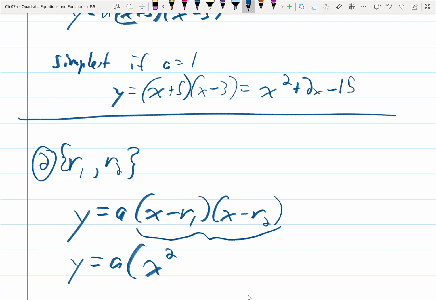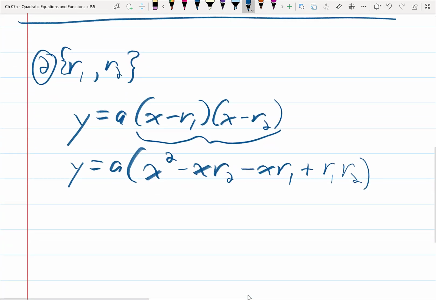X squared minus what? Come on, just FOIL. XR2 minus XR1 plus R1, R2, or R2, R1. Okay.